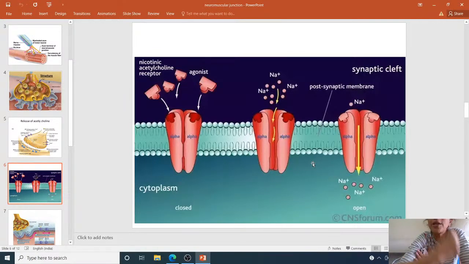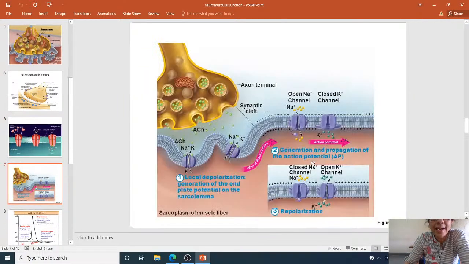So sodium ions will enter quickly and repel the chloride ions because chloride ions are negative. Only the positive ions will enter, and at the same time it will prevent the potassium ions from going out. That is why a positive potential change is happening, moving from minus 90 towards minus 60. That you should know.